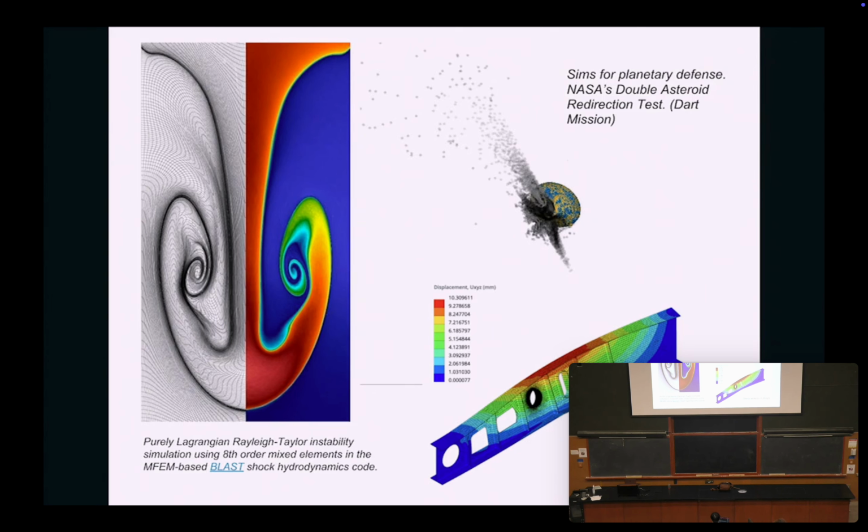This one actually got deployed in the real world. They rammed a satellite into an asteroid, not one coming towards Earth, but just to study it. The one on the bottom is stress analysis, if you're a mechanical engineer designing something. So all these fields end up using these codes.